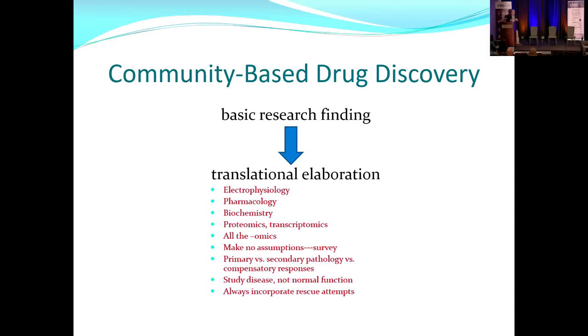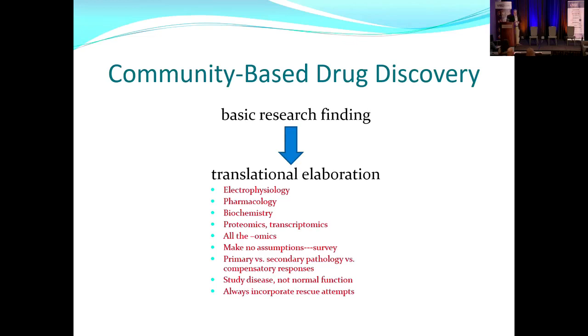In other words, you want to incorporate in the basic research and the translational elaboration an effort to fix the problem at that stage, because if you don't, then it may very well turn out that it's just a compensatory response. If you can't rescue it with the obvious approach that stems from the basic research finding, well, yeah, that's probably not a real finding.